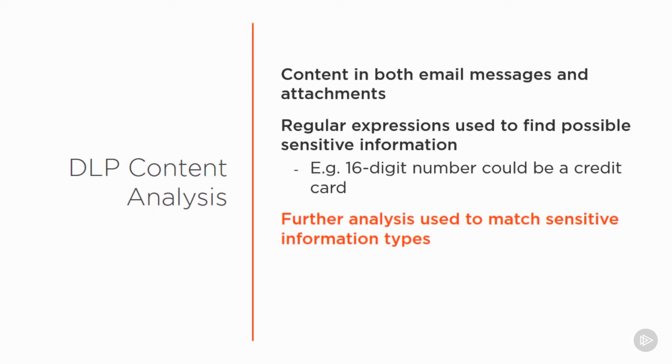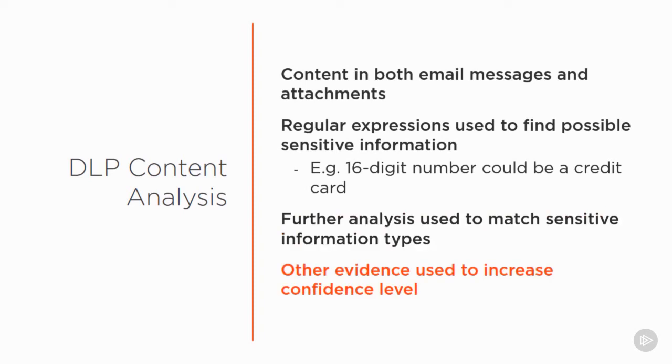Continuing with the example of credit card numbers, a special algorithm is used to determine whether the 16-digit number matches the known patterns of credit card companies around the world, such as Visa or American Express. The content analysis then looks for further evidence, such as the word Visa or a date that could be an expiry date for the credit card, and at this point, DLP makes a decision based on the confidence that there is credit card information in the email or not.